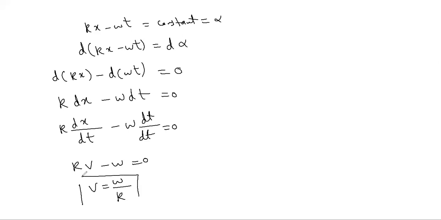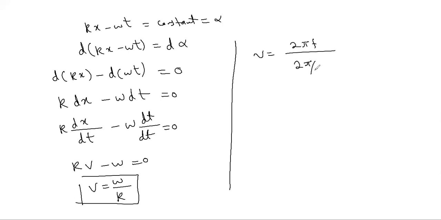Omega is a positive number, k is a positive number, which means that v is also a positive number. So a wave which is traveling towards the positive direction will have a positive velocity. This is a way to define the velocity of a traveling wave. Now we know that omega equals 2 pi f and k is 2 pi by lambda.